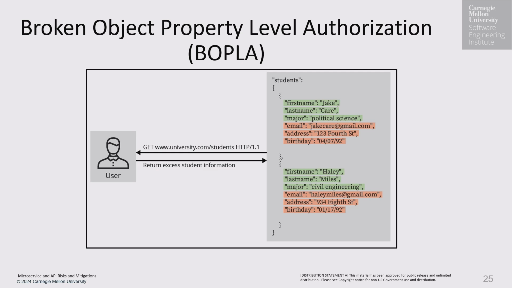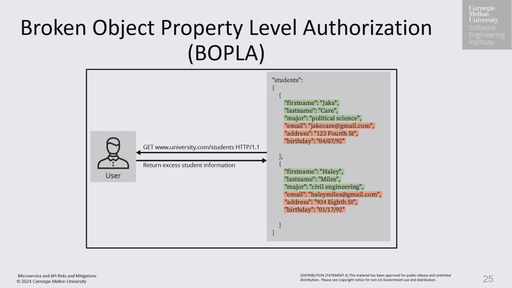Next, we have broken object property level authorization. It is surprisingly difficult to say, and even the acronym BOPLA is very clunky, but it's not as complicated as it looks. This vulnerability essentially means that the API is giving out more information about an object than it should.